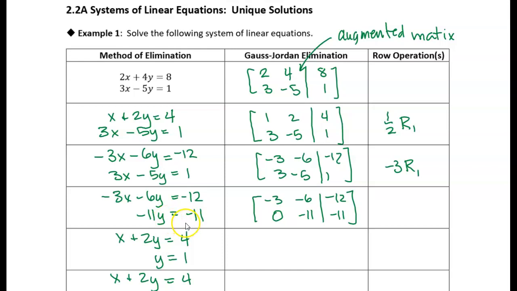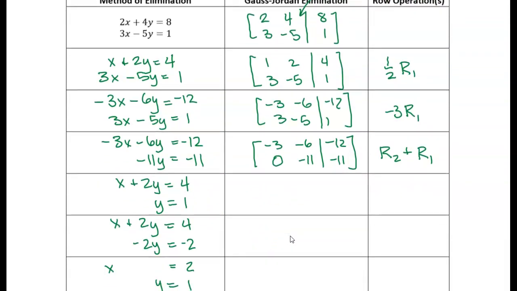So what did I do? I took row 2 and I added row 1. Right? And I could do that algebraically. If you look back at the original equations, I did that because I'm just adding equal things to both sides.